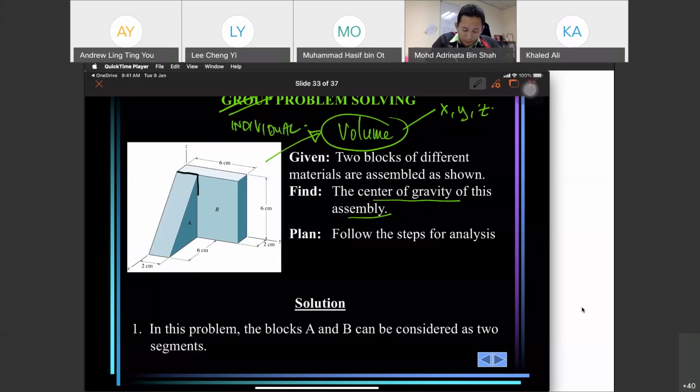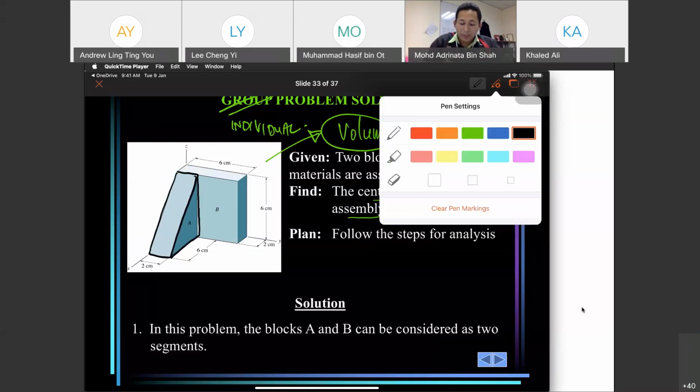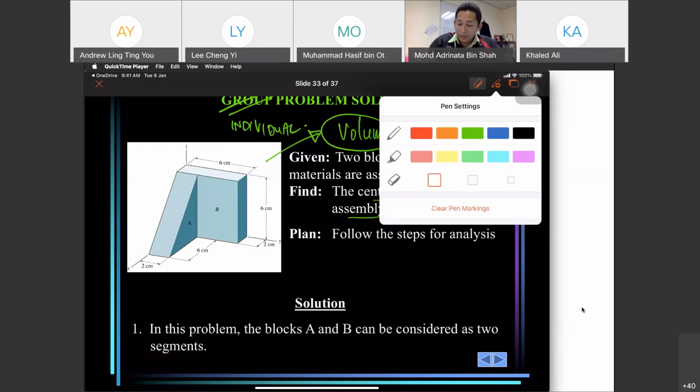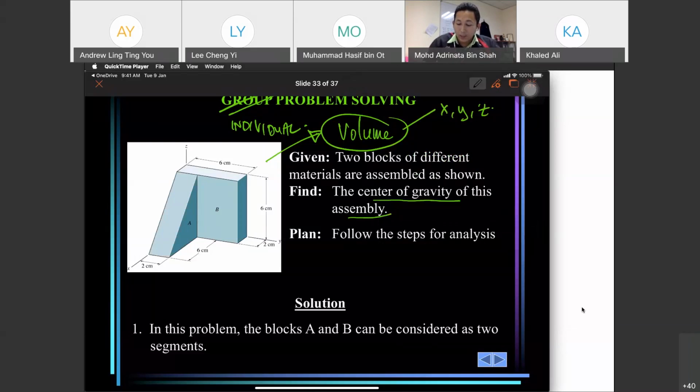Okay, this is shape A, and the others at the back is shape B. So there are two shapes that you can divide into two, which is A and B. So there are two segments of A and B.